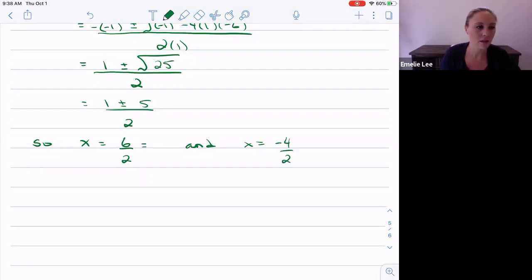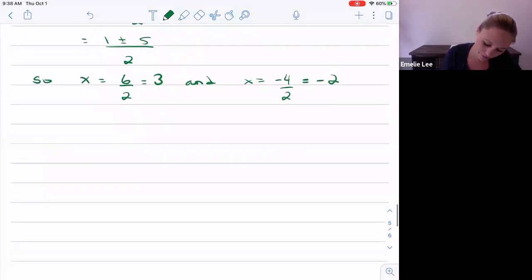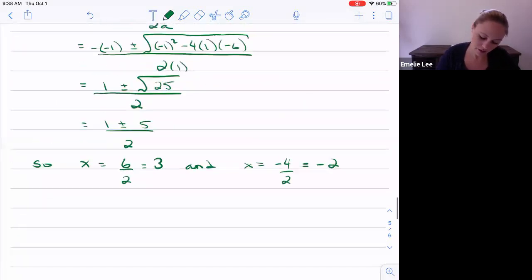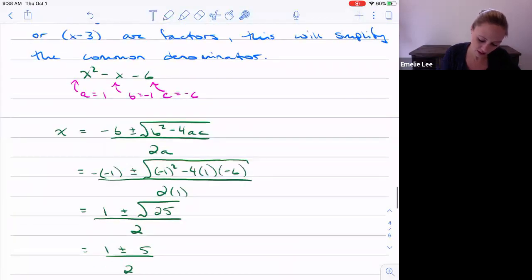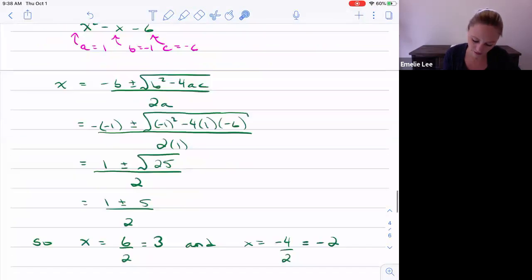Here, 6 divided by 2 is positive 3. Negative 4 divided by 2 is negative 2. So these are the solutions to this thing if we set it equal to 0, and that's what we're going to use to develop these factors.